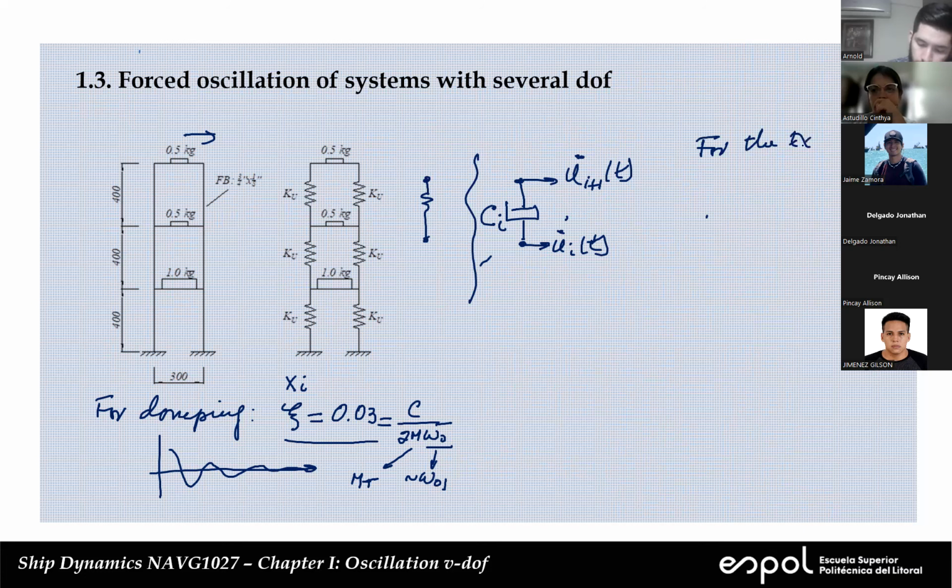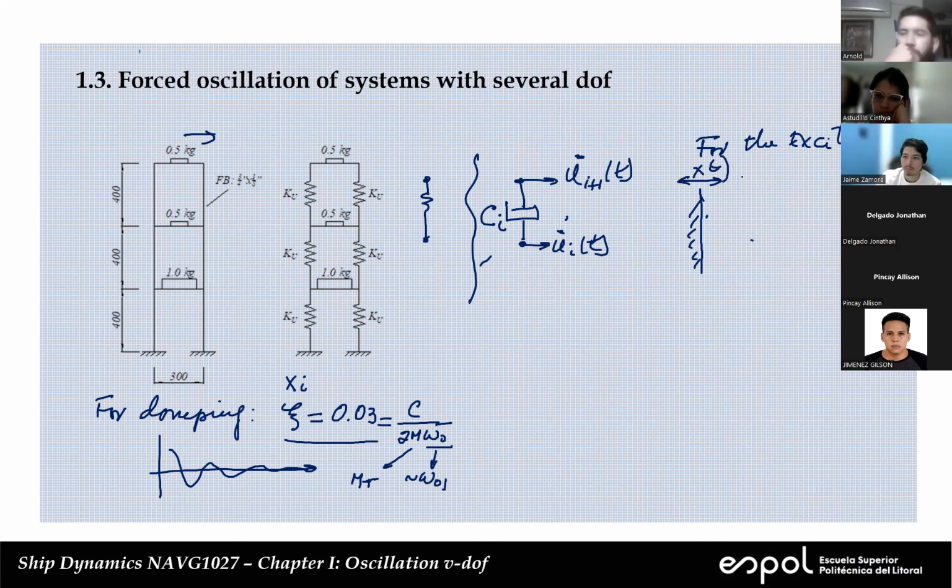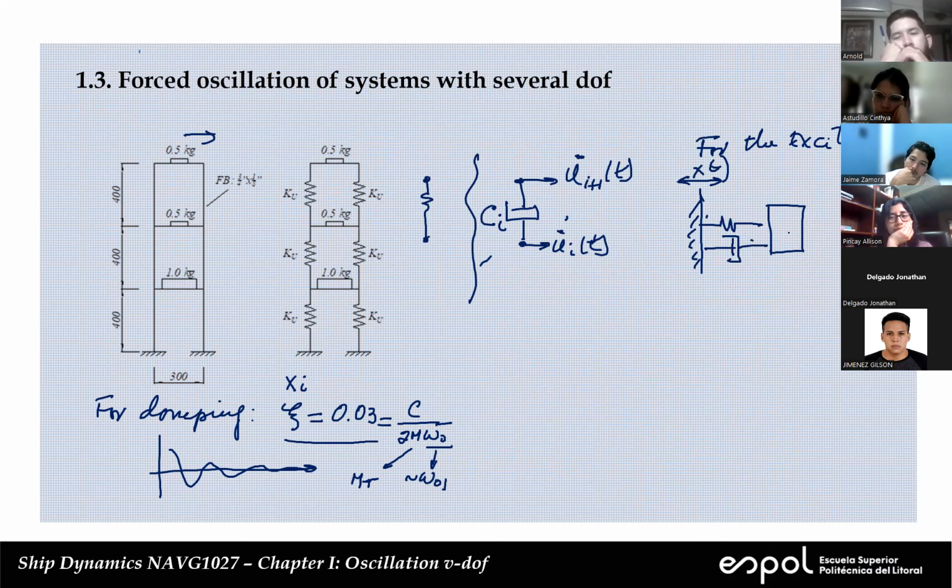For the excitation, let's suppose that this is the foundation, and it is moving like this. And the first mass is connected to the foundation through the spring and the damper.